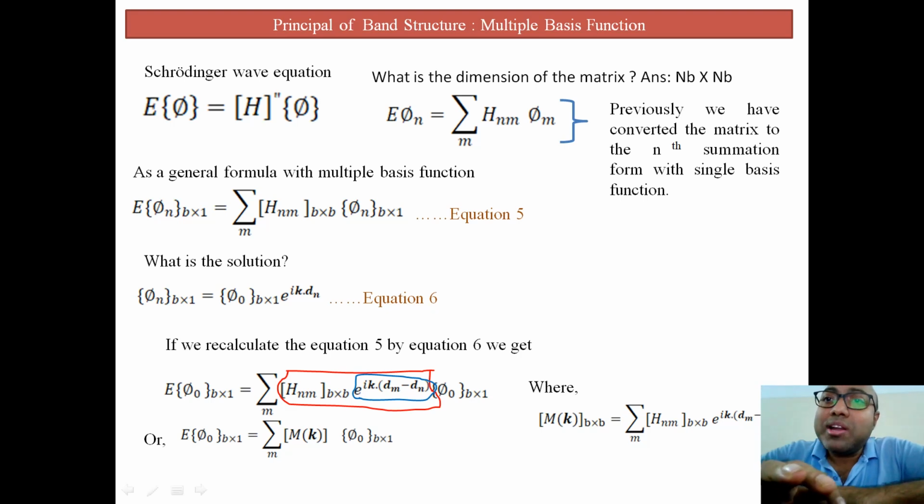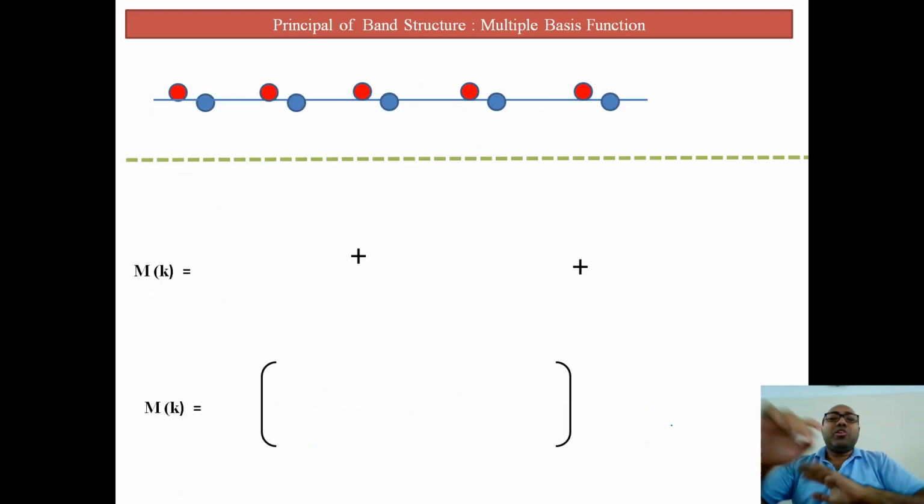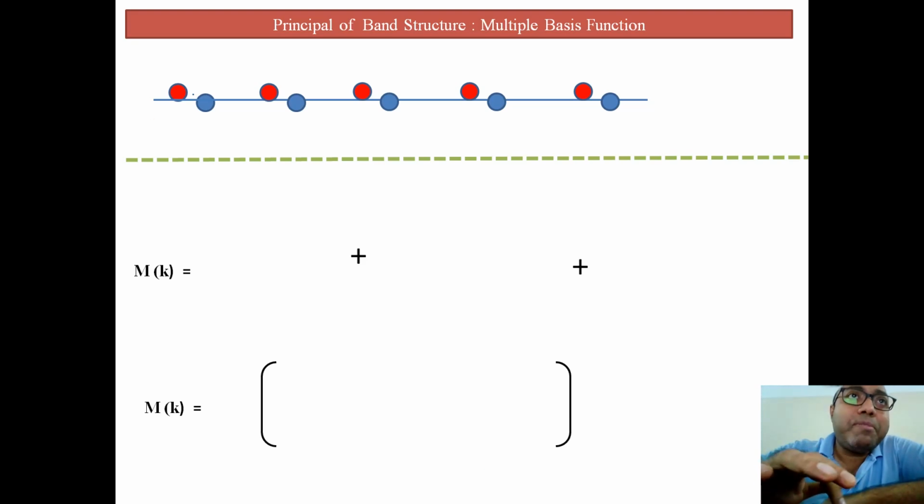Now our main work is to find this part, and it's the same thing we have done earlier. Earlier also we were trying to solve HNM phi m. But here we have to solve HNM by e to the power k dm, which is the same. The only thing is that some matrix component is there with the basis function. So how to compute the matrix? So again our problem.